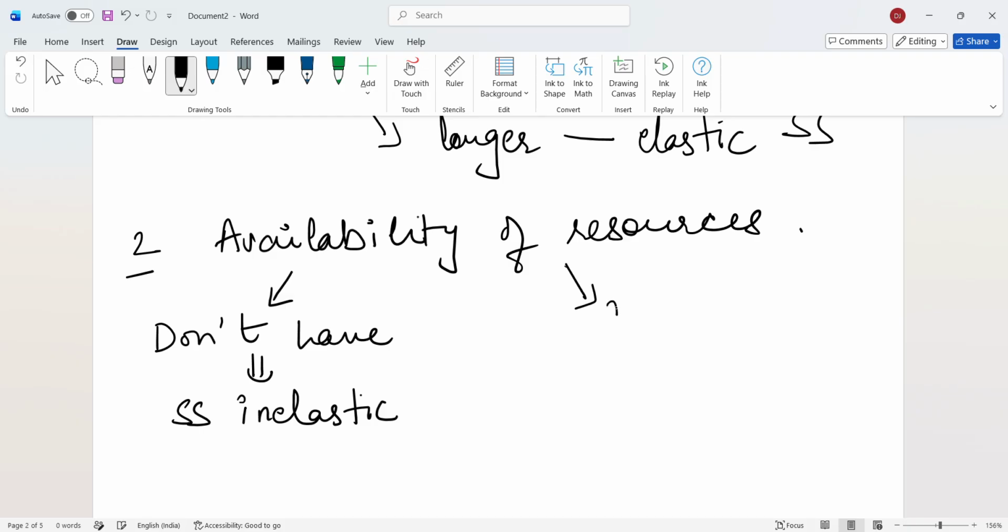But if there is no constraint on the resources, then you can increase or decrease your supply accordingly. If there is higher demand in the market, or you see that the prices of certain products are going up, you can increase the supply.